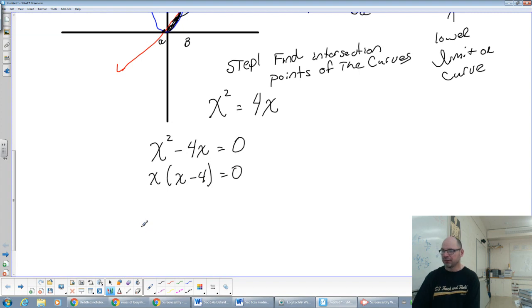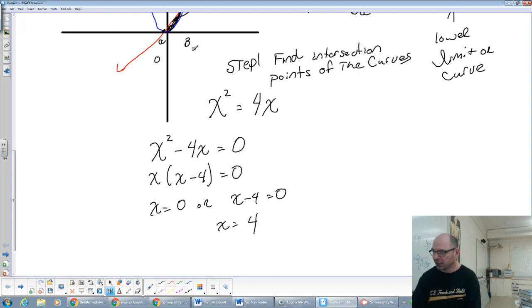So our two intersection points, x can equal 0 or x minus 4 can equal 0. So in this case, we have x equaling 4. So that means A is 0 and B is 4 in our example.